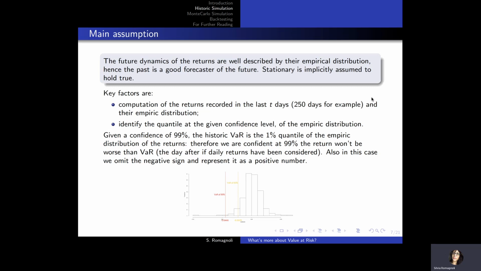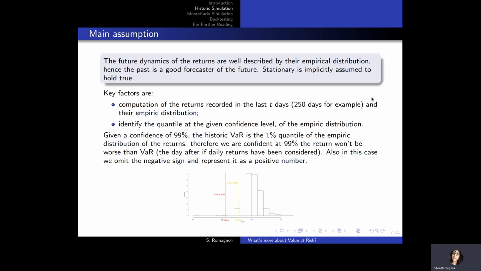Obviously, if we refer to daily returns, we know that our forecast refers to the day after. As we did for the parametric value at risk, in this case, we omit the negative sign and represent the value at risk as a positive number.